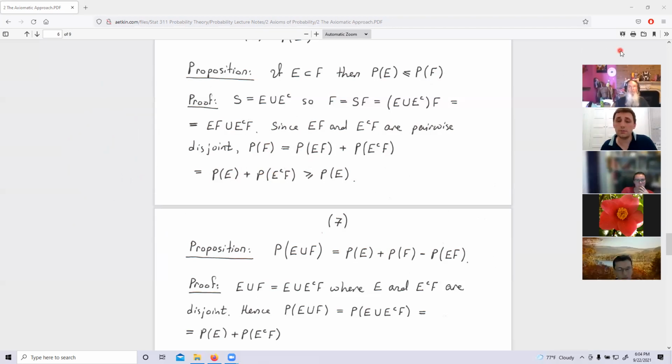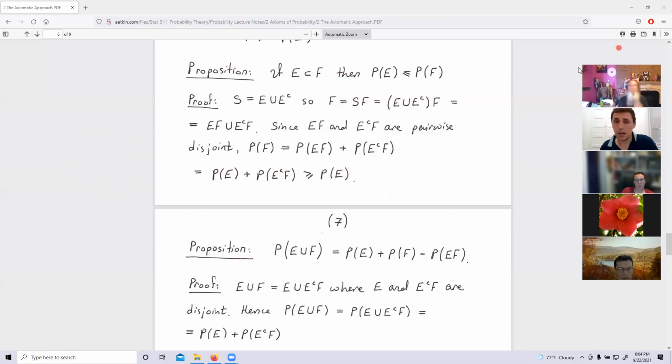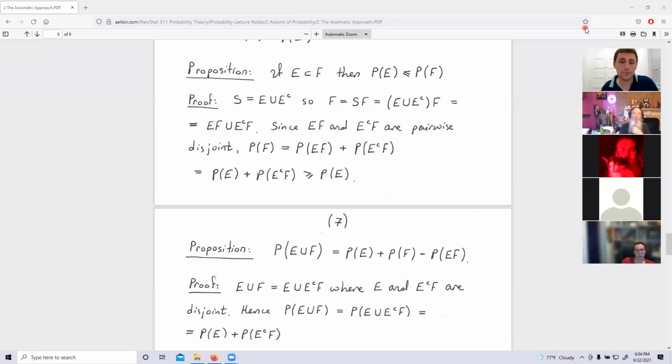It depends what you're trying to capture. The idea is, of course, the probability of E plus the probability of E complement F has to be bigger than the probability of E, because this number that I'm hovering my mouse over is bigger or equal to 0 by axiom number 1. Yes? Complete. I'm so happy.